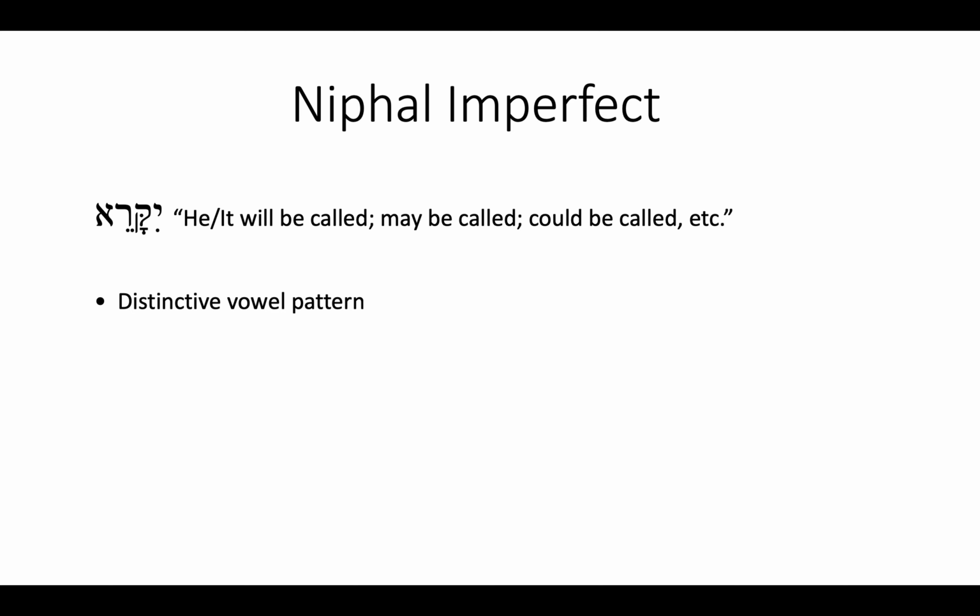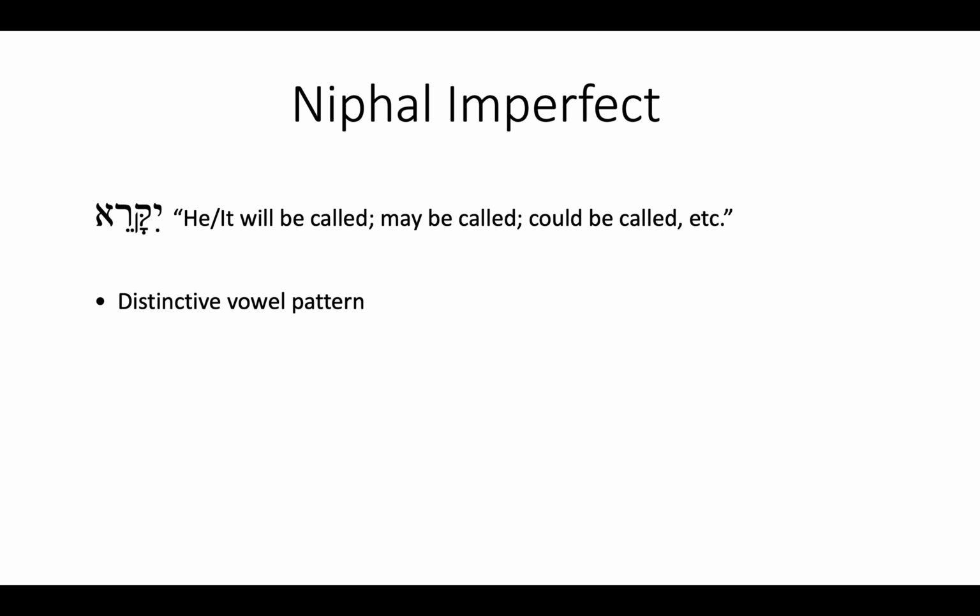Also, what's typical for Niphal, if you look at your strong verb chart, is that the first root letter has a dagesh. And that probably is due to the fact that there used to be a nun there somewhere in the language, because it is Niphal, and all the perfect forms of the Niphal are preceded by nun.